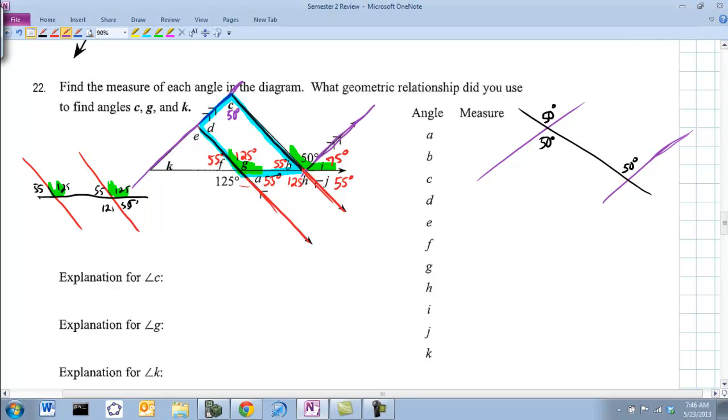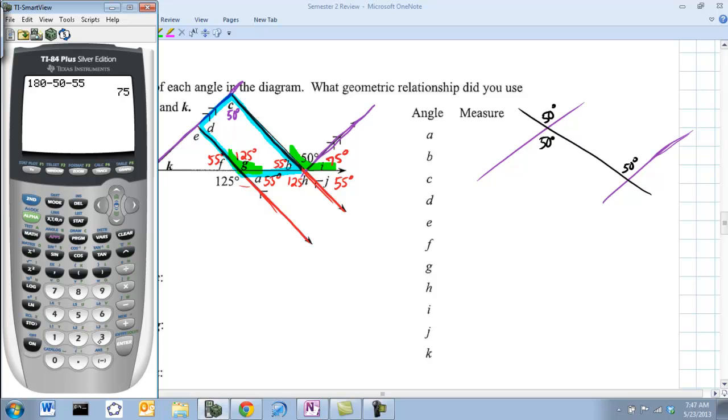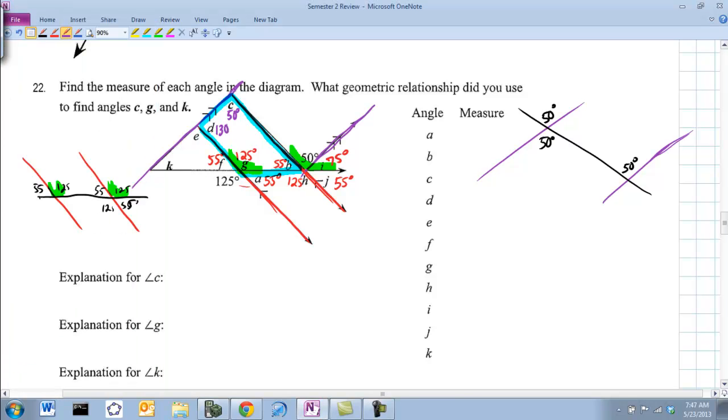It doesn't look like 50, but it looks like the same size as whatever that thing is, so I guess I'll go with 50. Now I can make use of the trapezoid that has to add up to 360, or the fact that these 2 have to be supplementary to each other. They have to add up to 180. I'm going to use the trapezoid because that looks cool. So taking away the 3 other angles that are inside the trapezoid, that leaves me with angle D as 130 degrees, which again, it doesn't look like it, but I guess that's what it is.